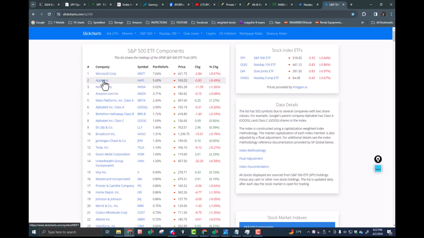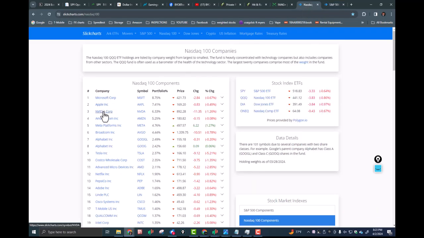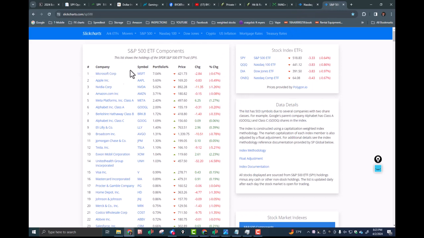First 3, Microsoft, Apple, NVIDIA. Doesn't that look familiar? This is NASDAQ. This is S&P 500. Notice the same ones. They're the same heavyweights: Microsoft, Apple, NVIDIA, Amazon, Meta, Google with the L, that's the Class A, Berkshire, Google with the B, Eli Lilly, and Broadcom. And then a little further down, you've got Tesla.